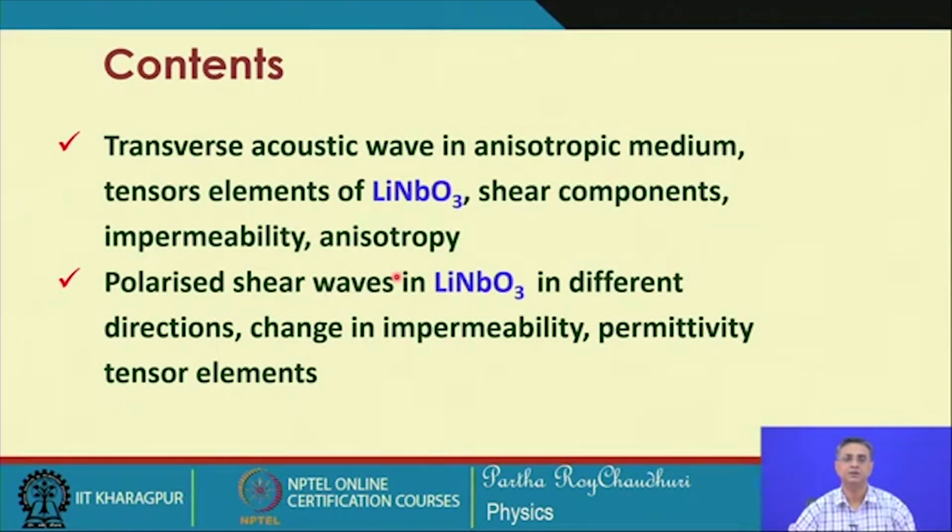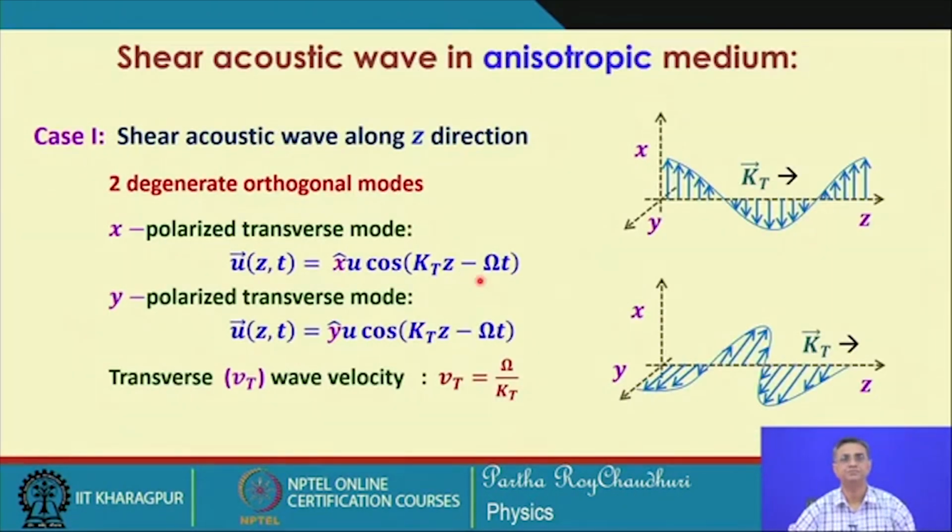We will consider in later occasions how this modulation in the refractive index by the propagation of acoustic waves can be utilized for different cases of diffraction, namely the Raman-Nath diffraction and Bragg type of diffraction.